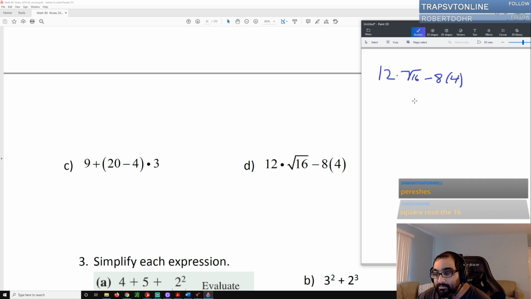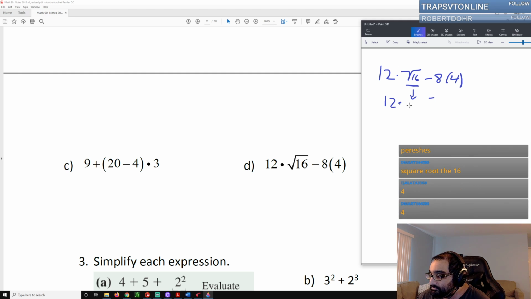Parentheses, okay. So you want to do 8 times 4 first? The square root of 16, okay, that's exponents there. All right. What's the square root of 16? I don't disagree. Either case is fine. What's the square root of 16 then? 4.